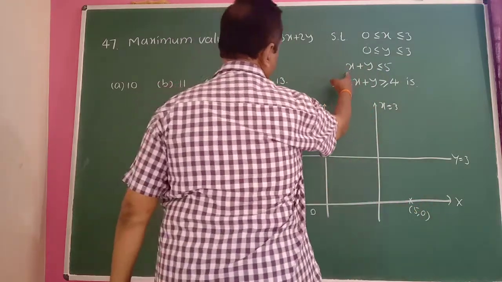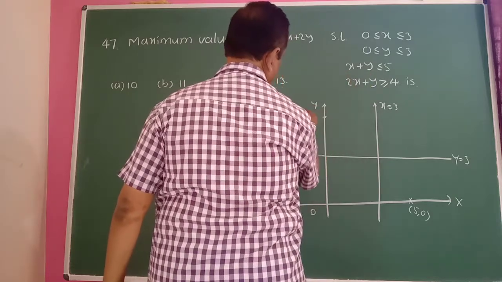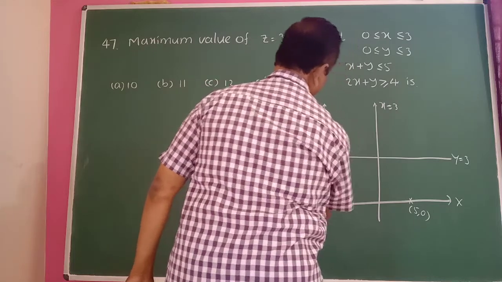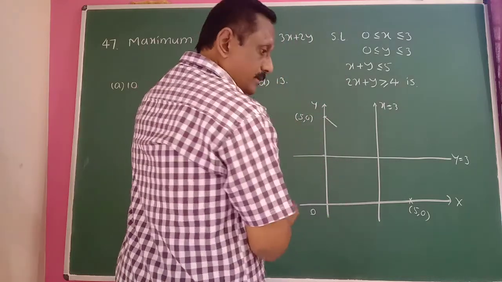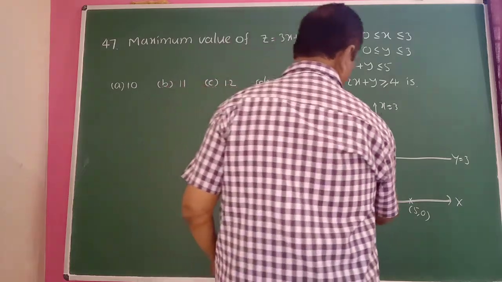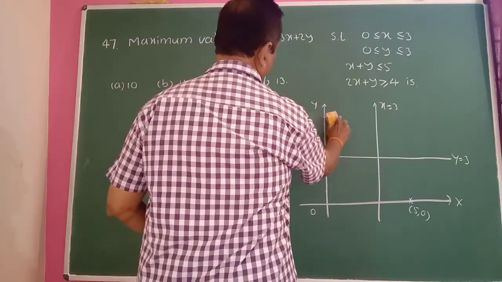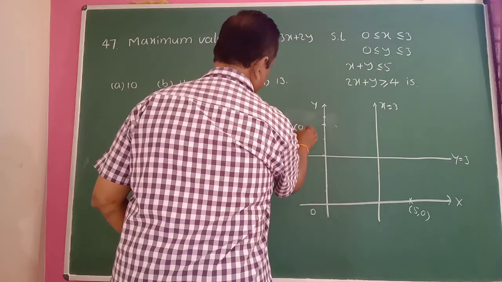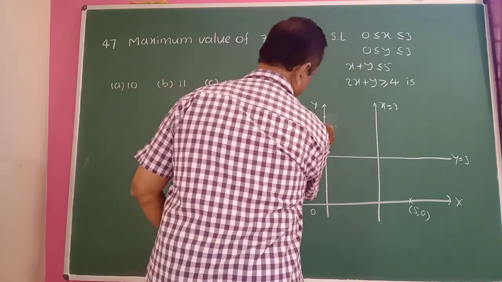And put x equal to 0, y is equal to 5, so here (0, 5). Then this is the line.